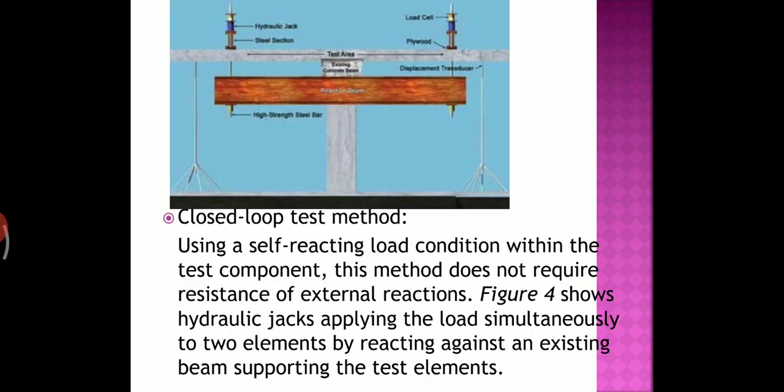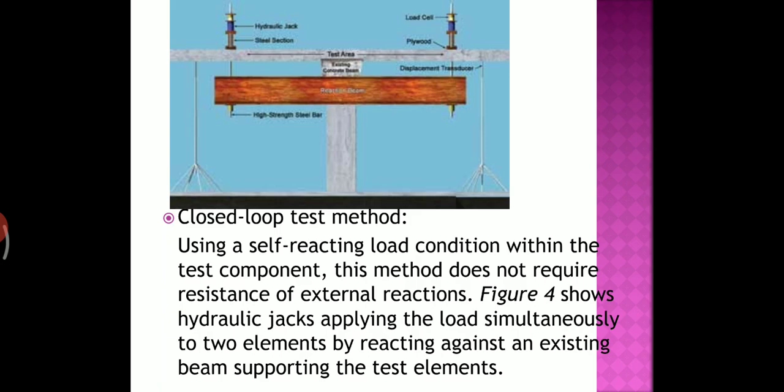And this is the closed loop test method using self-reacting load condition within the test component. This method does not require resistance of external reactions, so this is a self-control method. With the use of this girder, heavy high strength steel bar or steel beam, the reactive force is given to the jack, and therefore we need not disturb any other existing members.